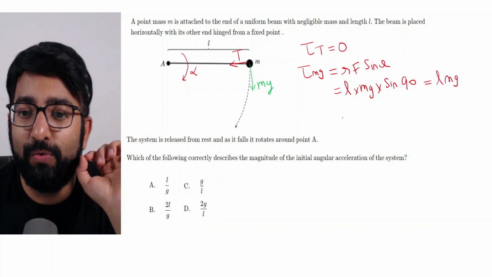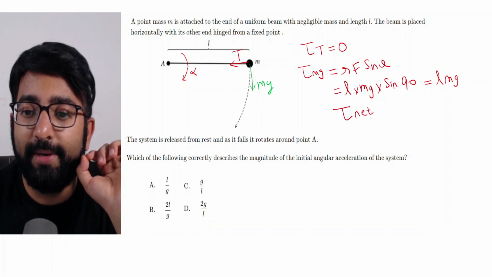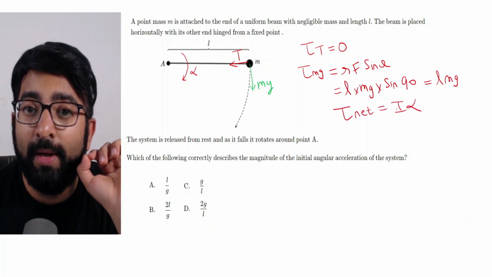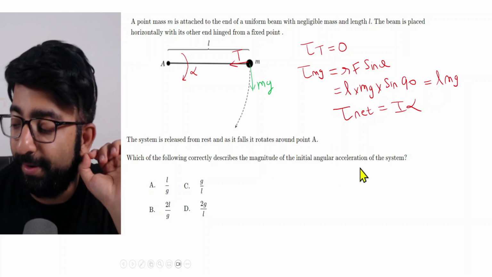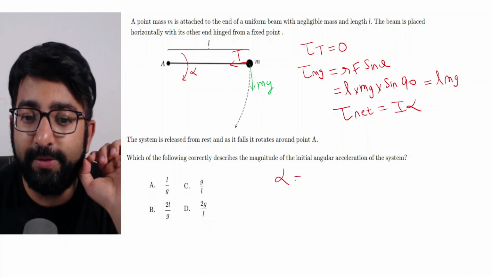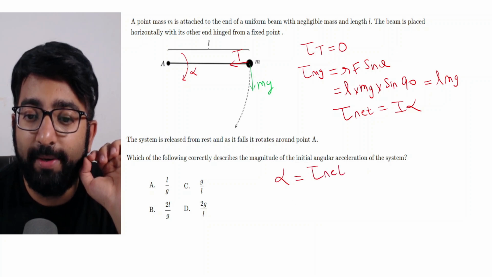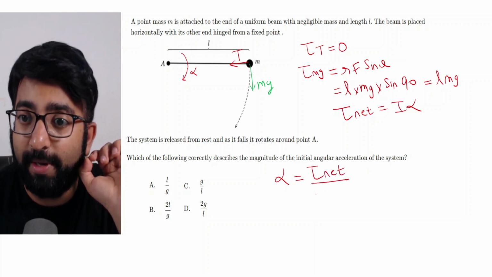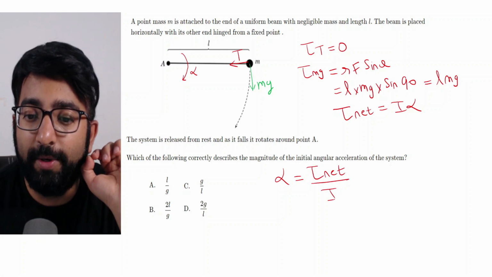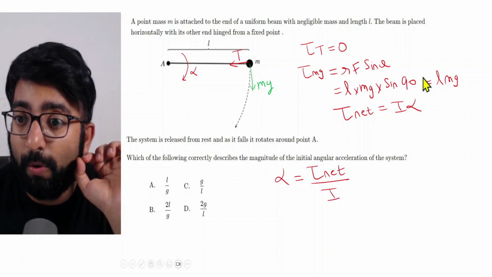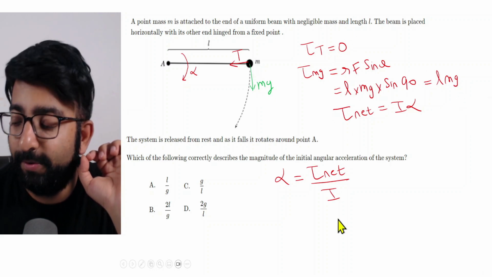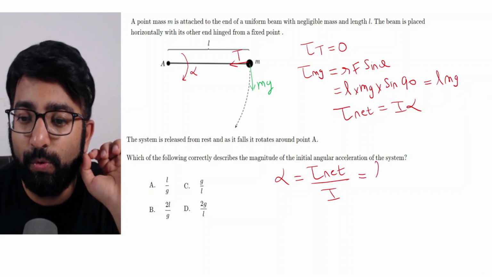Step number 3 is to use the formula torque net is equal to I into alpha. Now, in the question, since we are only supposed to find the angular acceleration, let us make alpha the subject. So we'll write torque net in the numerator and divide that by the denominator, which is the moment of inertia. The total torque acting on the mass m will be 0 plus L into m into g. So let's write down LMG as the numerator.